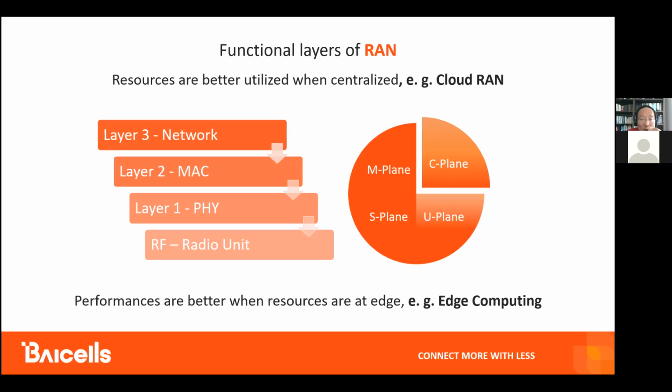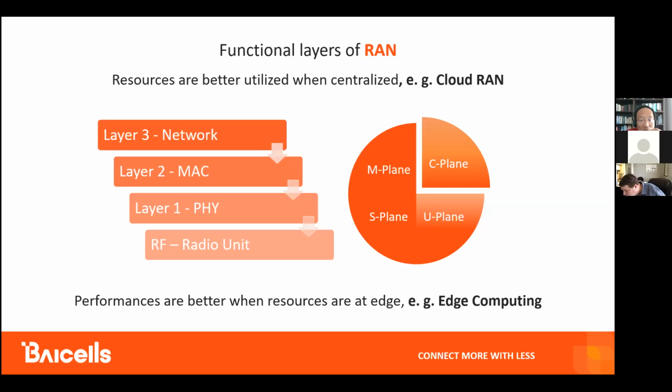So how do you see the RAN functions being split? I think there are basically two ways to split it. One is on a protocol stack level, as you can see from the left. A RAN can host functions in RF, layer 1, layer 2, and layer 3.